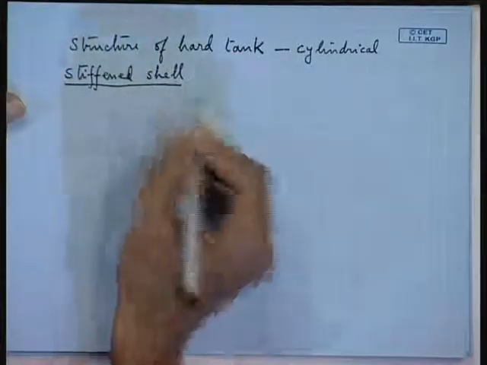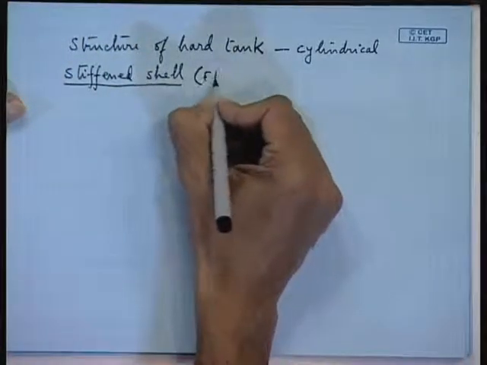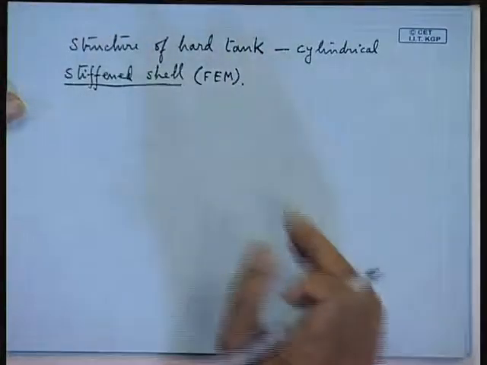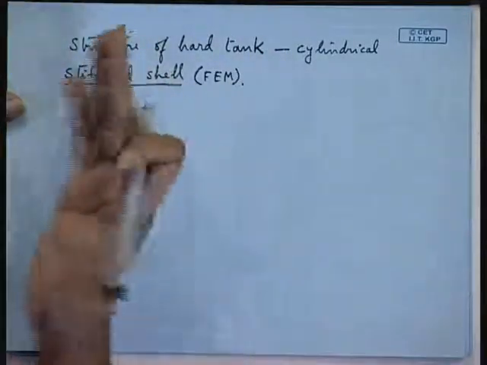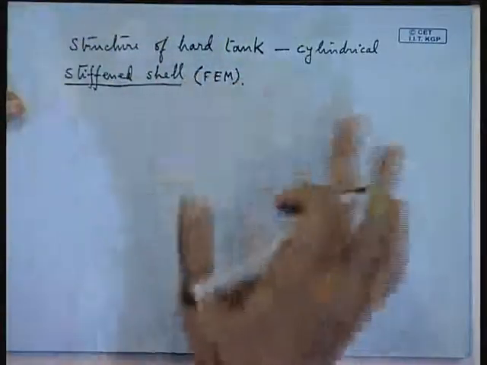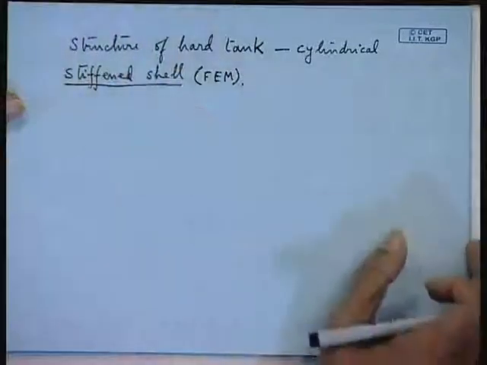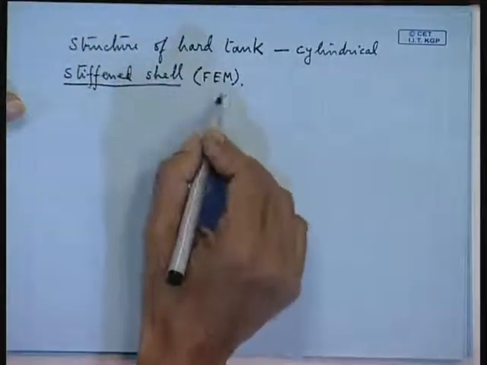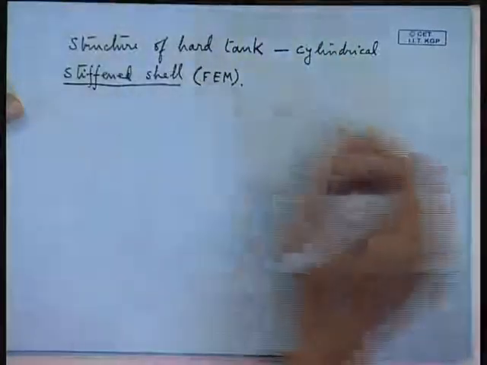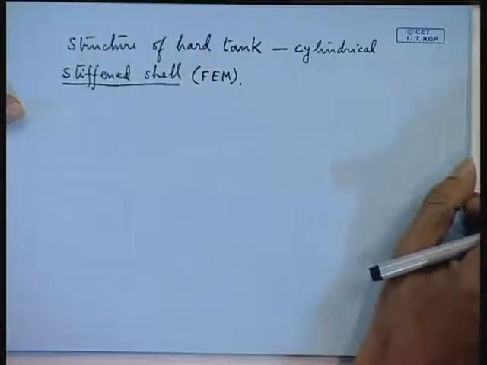In FEM, you input this as stiffened shell. In the ship also normally you will find the curved part, the curvature is there. So, that is also a shell. So, FEM calculations, you have to be somewhat on the shell type of FEM.